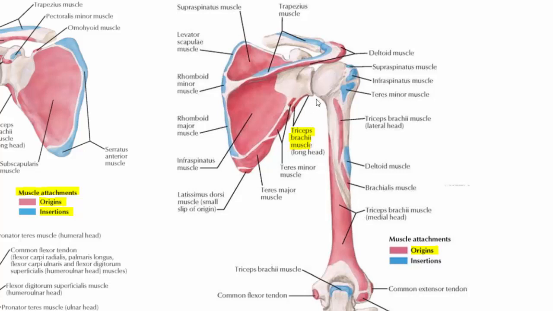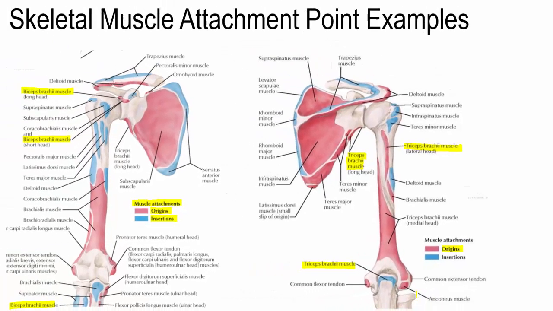We also see an origin point for that triceps brachii up here on the proximal humerus. And those would be the origins of that muscle. Okay, and the insertion of that muscle, to find that, we would come down here and we see this is the olecranon process of the ulna down here. This would be where the triceps brachii muscle inserts.